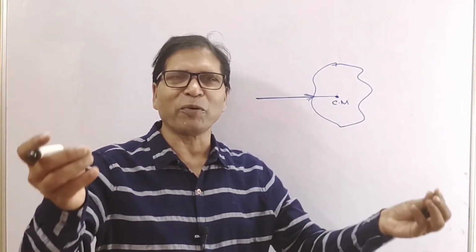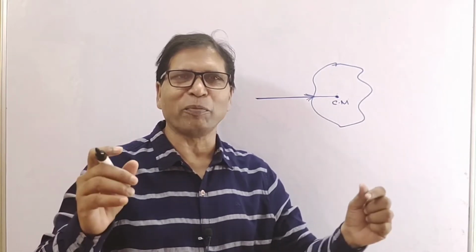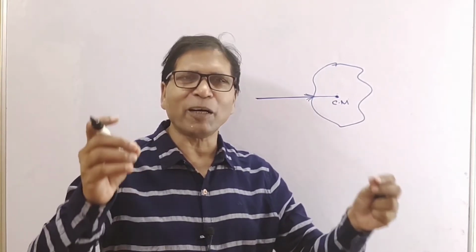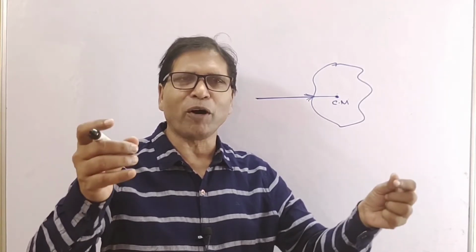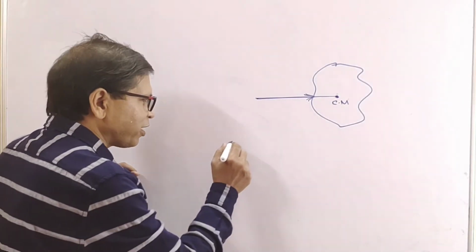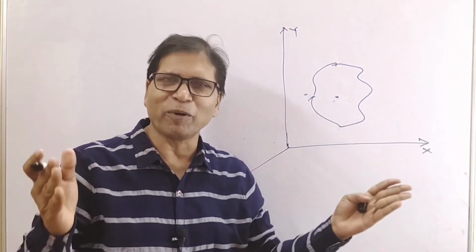Now we have to calculate the position of center of mass. To obtain the center of mass, we have to use the formula, the moment of mass. Suppose this is a rigid body.